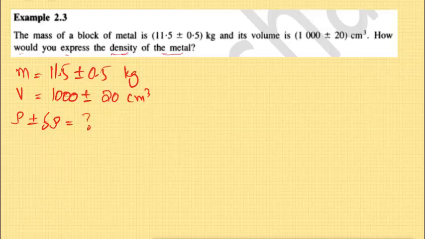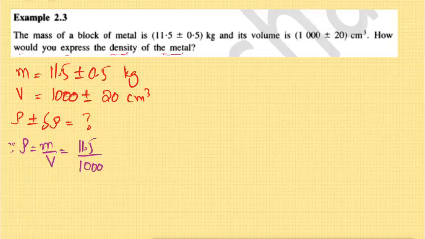Now we all know that we can easily measure density using the equation density equals mass over volume. We know the mass as 11.5 and we know the volume as 1000, right?